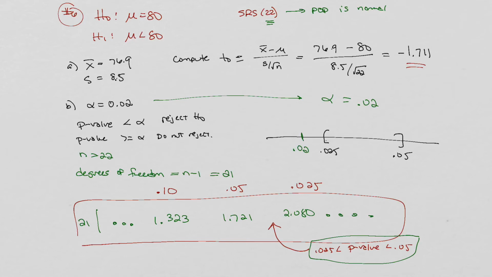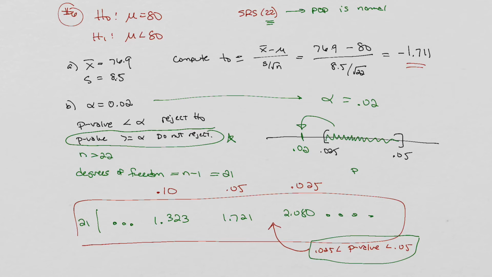So my p-value is bigger than alpha, and when the p-value is bigger than alpha, I do not reject the null hypothesis. You might want to go back and watch this one again and have your book open to this chart so you can find these numbers to see what's going on.